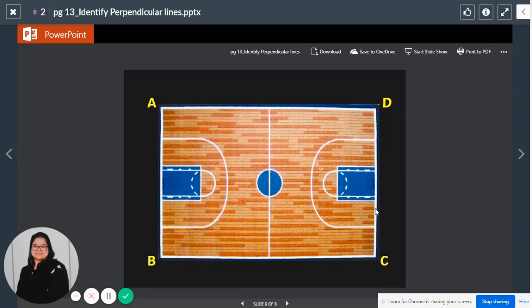I have found two sets, but can we find more sets? We have line BC perpendicular to line DC. Line AB perpendicular to line AD. All right.